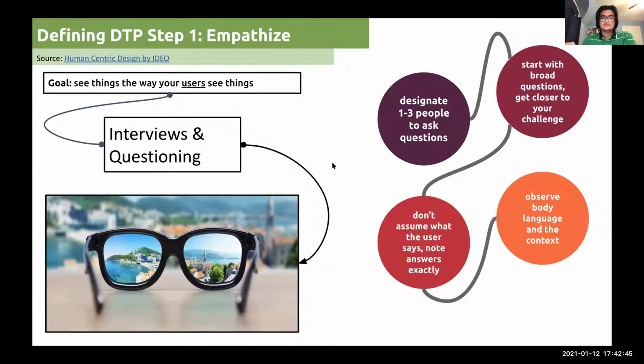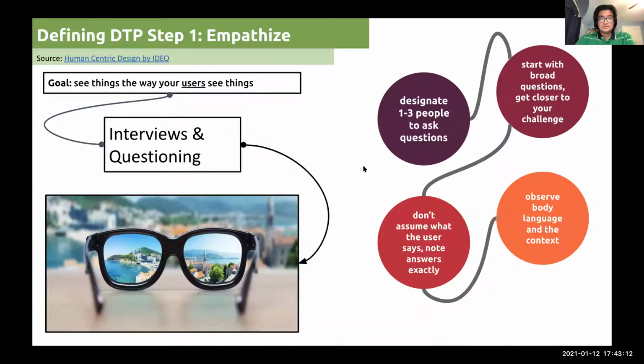Now, as an interviewer, there are actually 4 steps to asking really good questions of your users. The first step is designating 1 to 3 people to ask questions. And you might be asking, what do you mean by 1 to 3 people? Why is that even a step? Well, it's all about playing with the interviewee's subconscious. We don't want to overwhelm the interviewee. We don't want to make them feel like they're under pressure by any means.